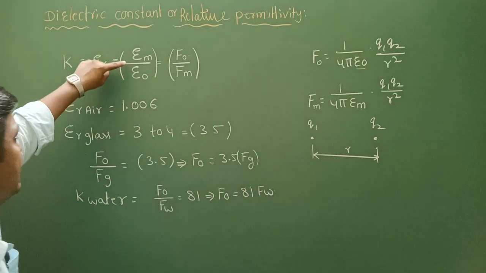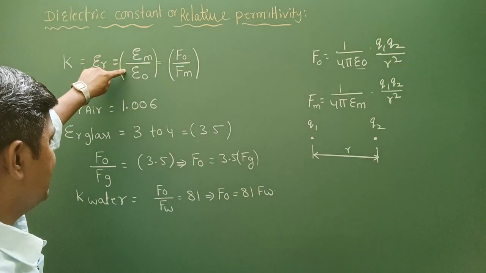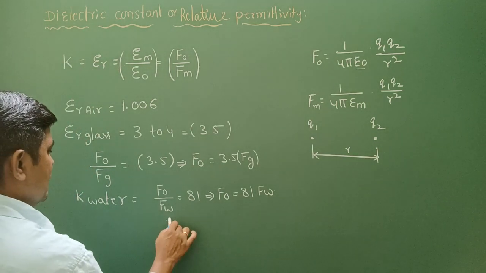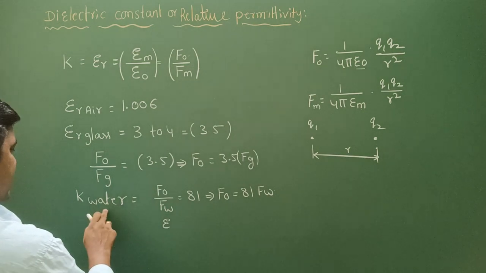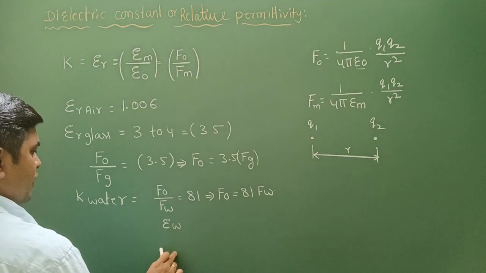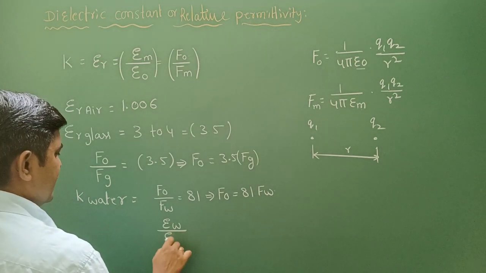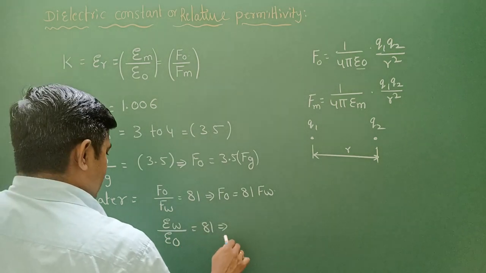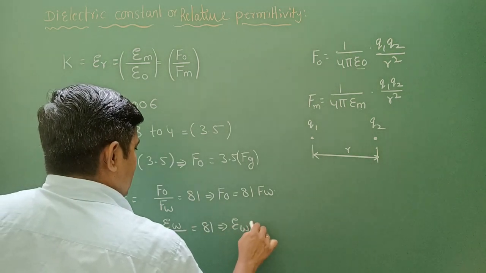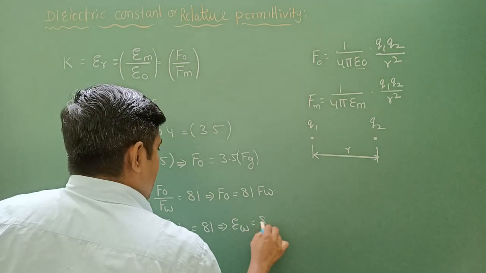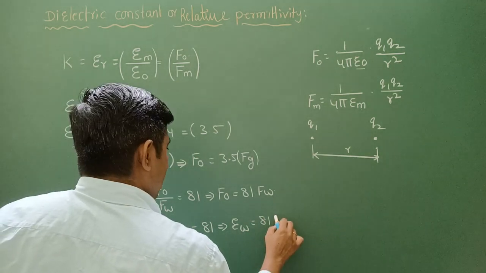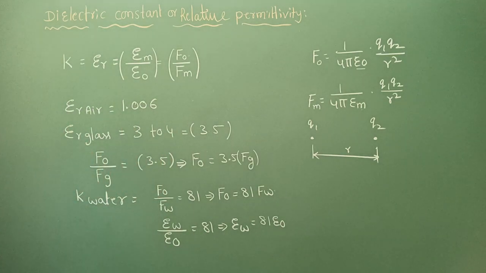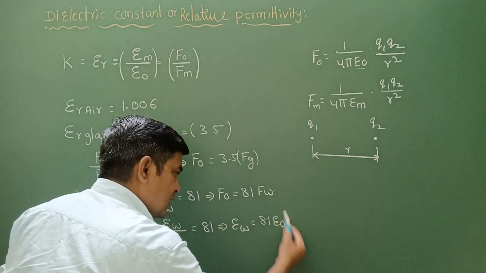Or in terms of electrical permittivities, the permittivity in the medium, here water, to the permittivity in vacuum is 81. That means the permittivity of water equals 81 times the permittivity in vacuum.